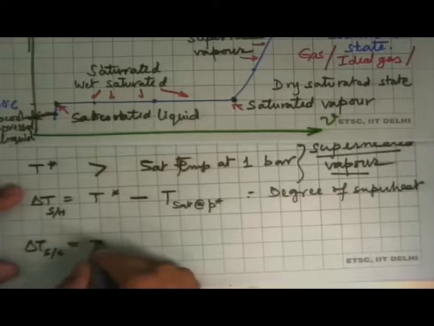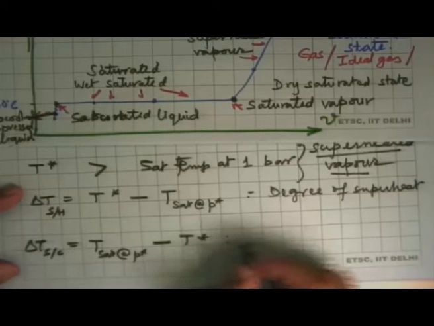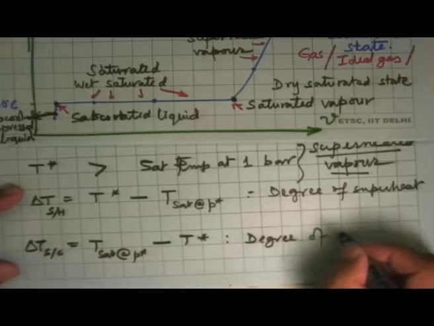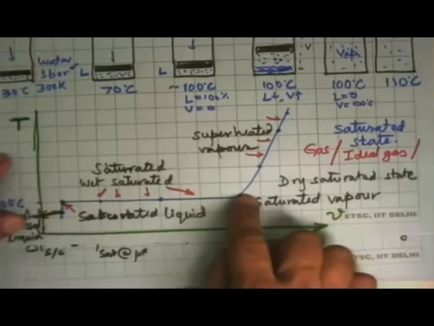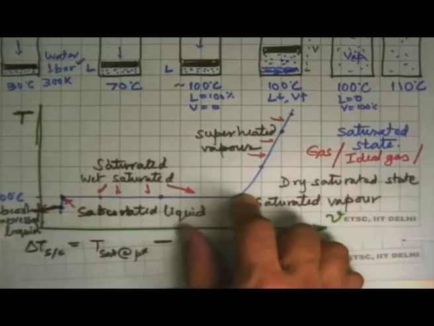If this is T saturation at T star minus T star, this is degree of subcooling. And in any saturated state, the pressure and temperature will be the corresponding saturation properties of each other.